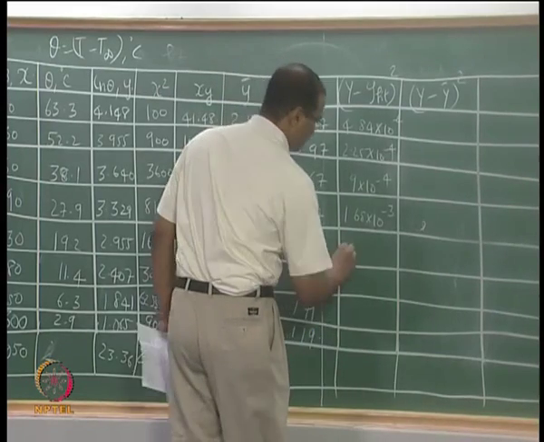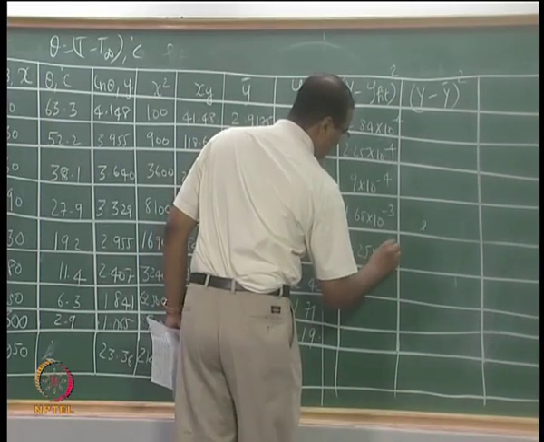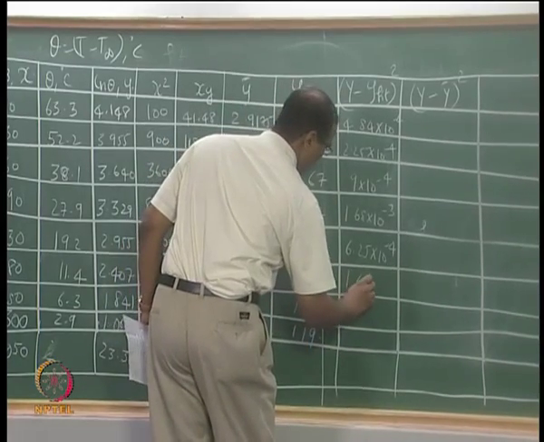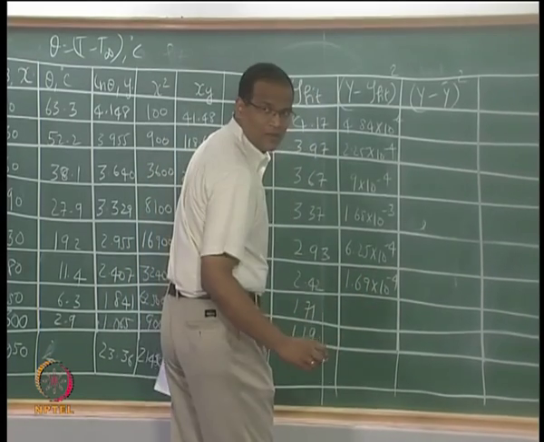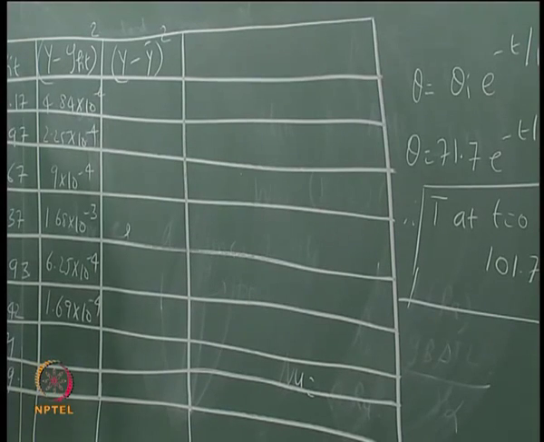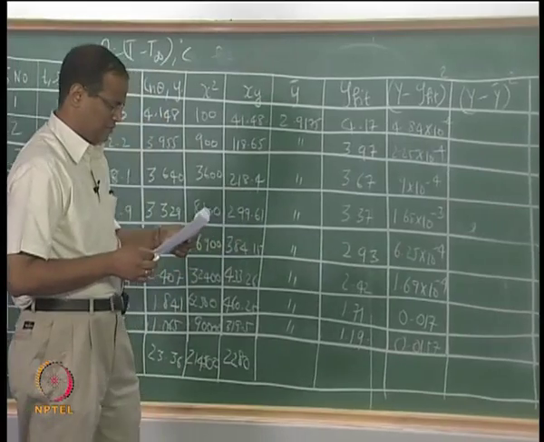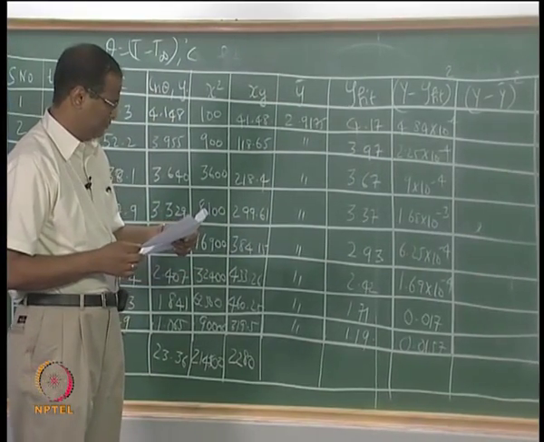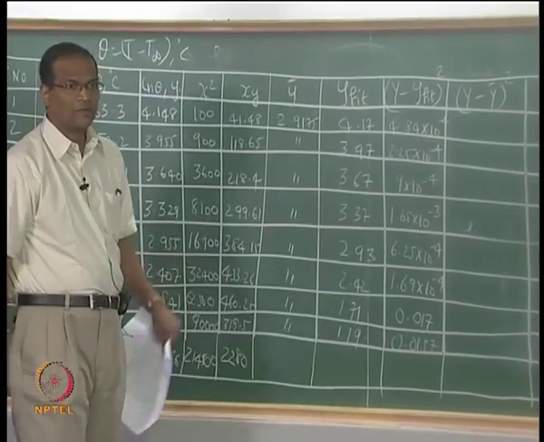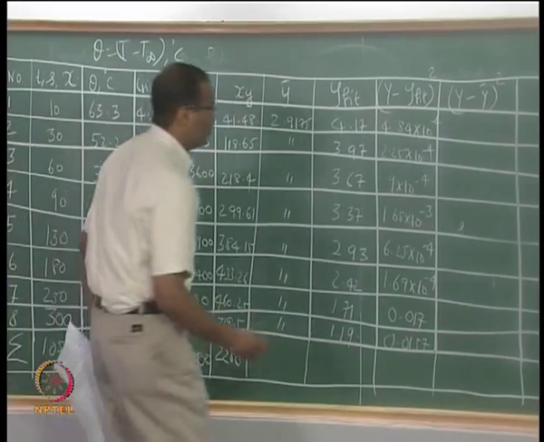Varun, 6.25 into 10 minus 4. 1.69 into 10 minus 4. 0.017. Yeah. Last one. 0.0156. Okay. Yeah, get the sigma. Point not 5, not 4. How much is not 4? Good.